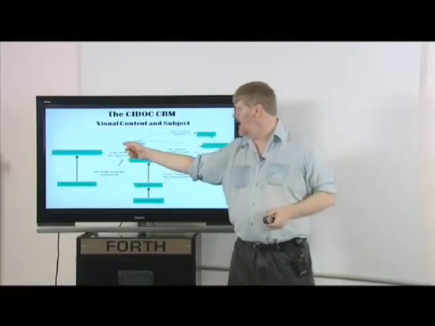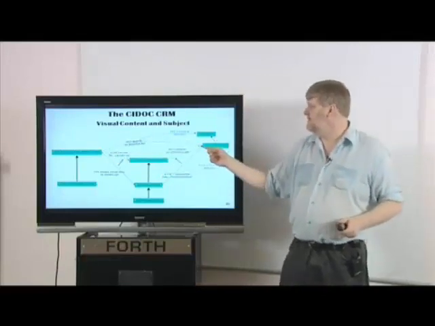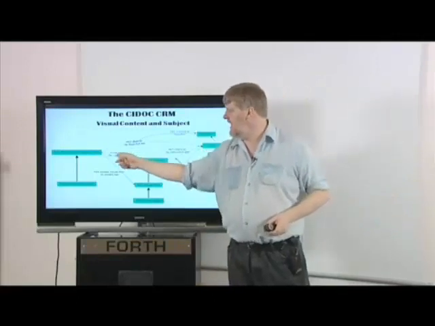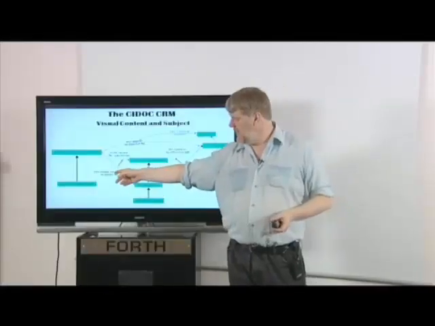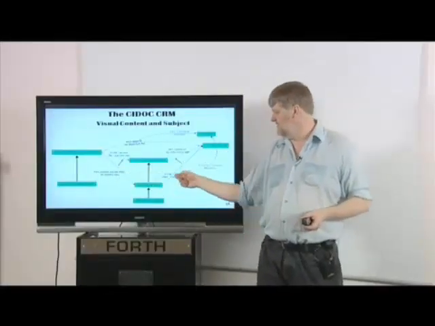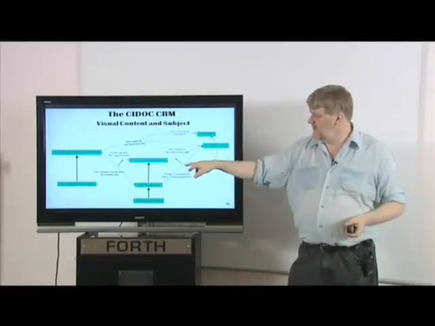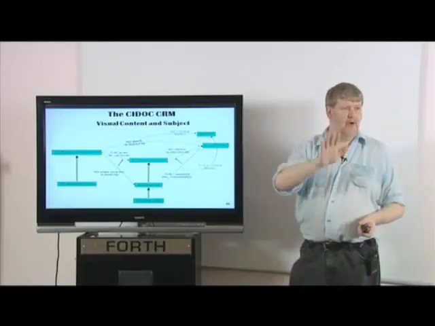So we have the information object, which is being carried by this and refers to this. So this could be a poem, it could be a picture, whatever it is. If it's a picture, it will be a visual item, and then we have the special case of showing a visual item representing a particular thing. And we also have the mode of depiction. So this allows us to talk about a plan view of something or an elevation of something. So a particular way of showing an object, as opposed to a style, I suppose.